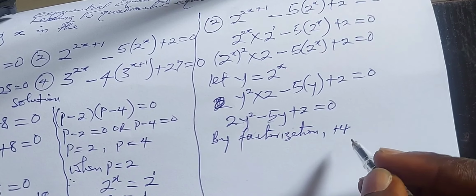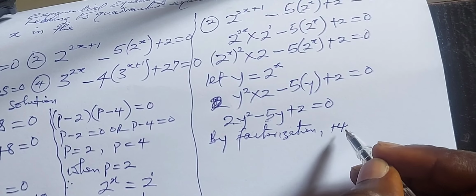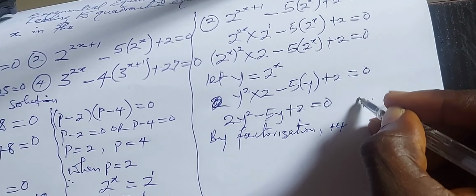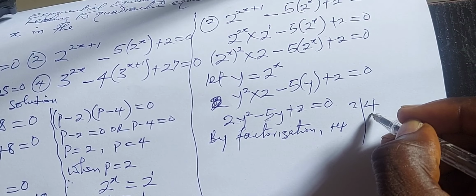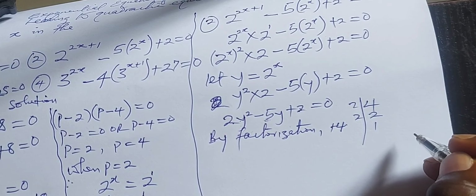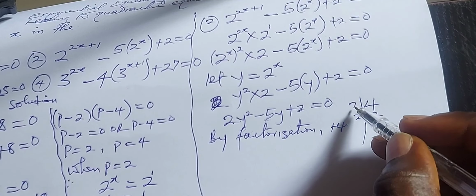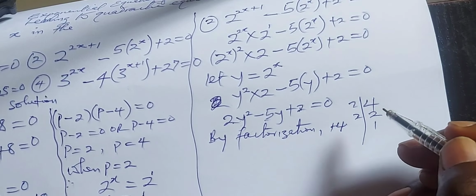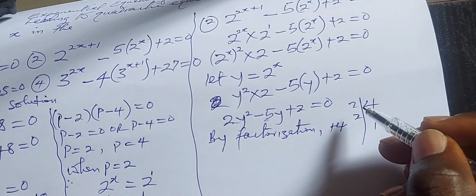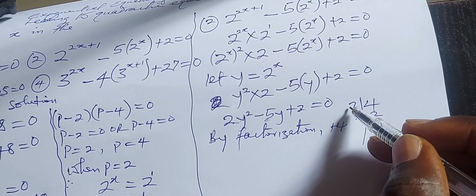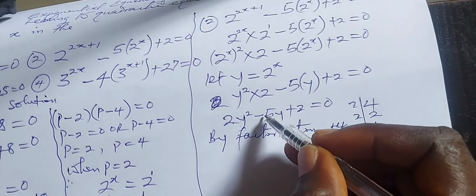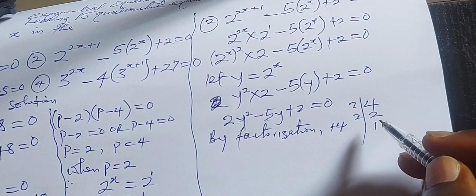So if you divide 4 by the factors, you will have 4 and 1, 2 and 2. So what do you have? You have 2 times 2, 4. 2 plus 2, still 4. There is no way you will change the sign in front of these 2 factors that will give you minus 5.